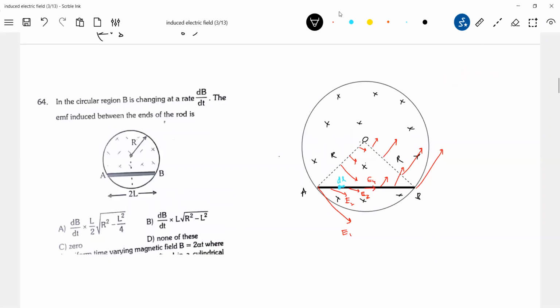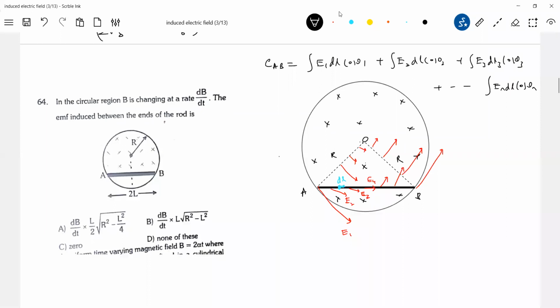We'll be in big trouble. So EAB will become equal to E1 DL cos theta 1, plus E2 DL cos theta 2, and so on, plus En DL cos theta n. Then tell me what is the only alternative method.